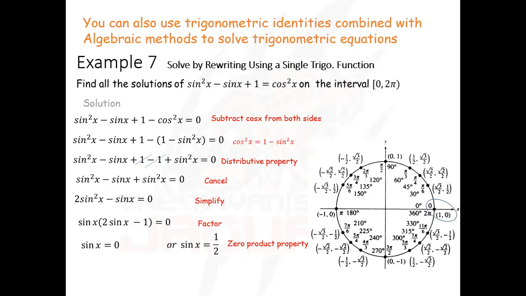But there is also this other pair, negative 1, 0, whose y-coordinate is 0. And the angle, that's what I am actually looking for, is pi, or 180 degrees, but I need it in radians, so it's pi. Therefore, the solution for this equation would be x equals 0 or pi.